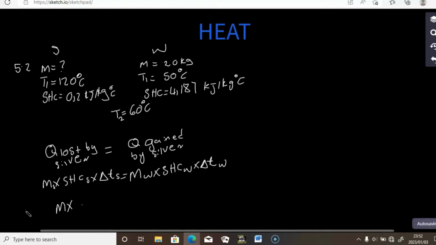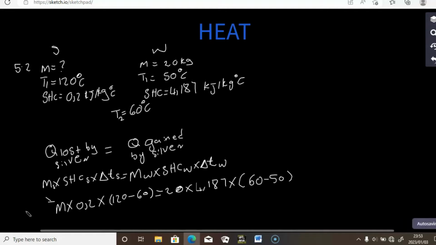Specific heat capacity of silver is 0.2, change in temperature is 120 minus 60, is equal to 20 times the specific heat capacity, which is 4.187, times the change in temperature, which is 60 minus 50.